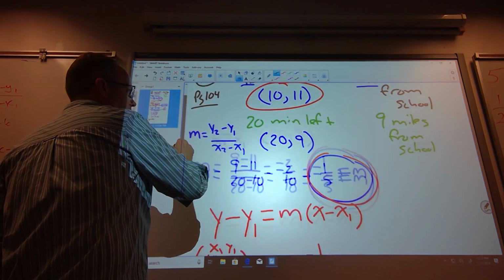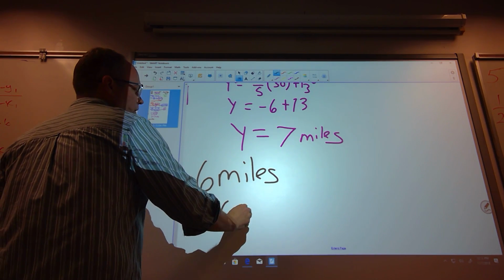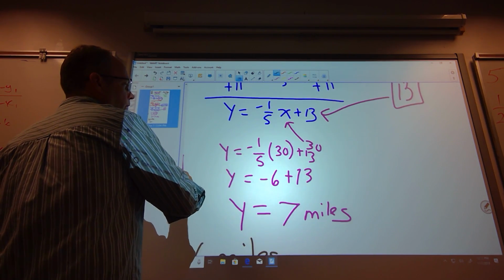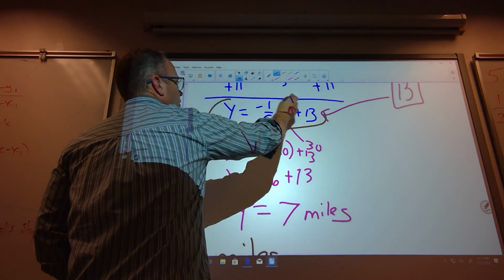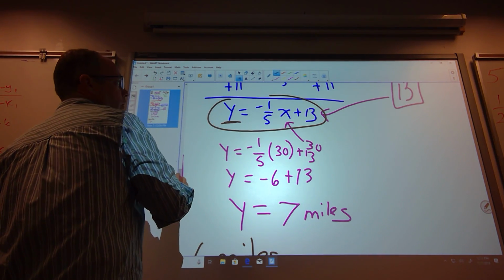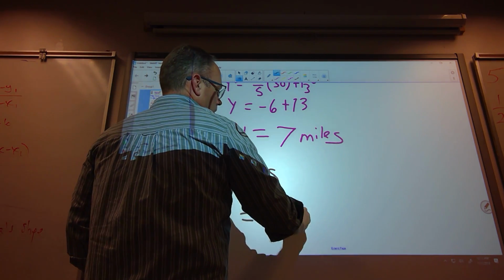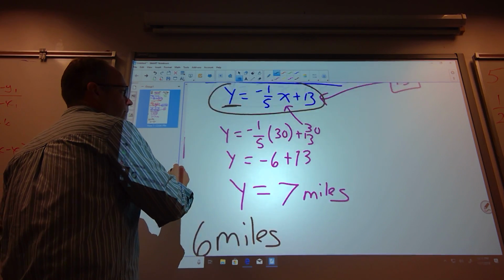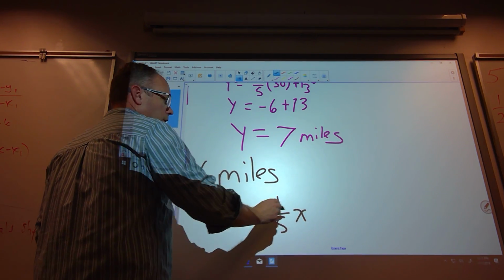Miles. Okay, so y is miles. So 6 miles, I'm going to go 6 equals. This is my equation, right? Right here. So I'm plugging in 6 there. So I get 6 equals negative 1/5 x plus 13.